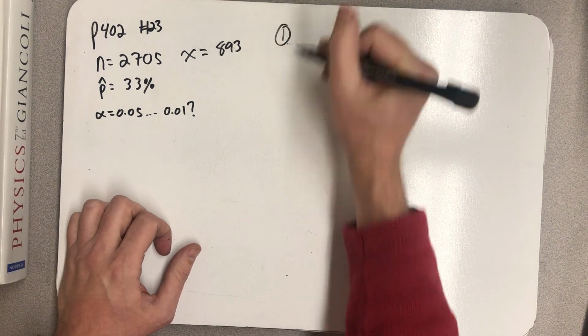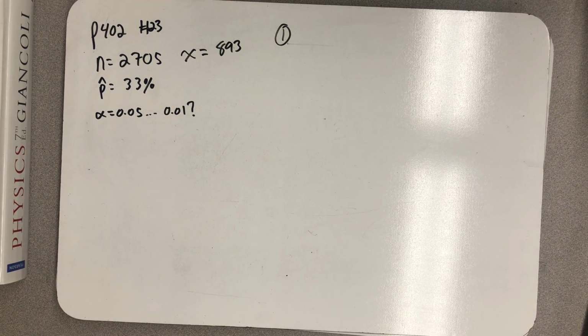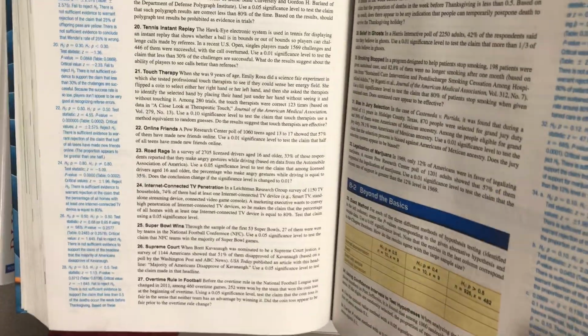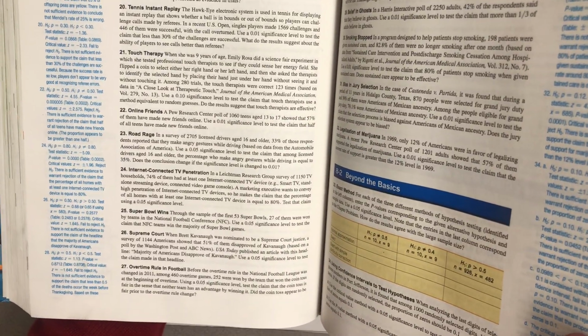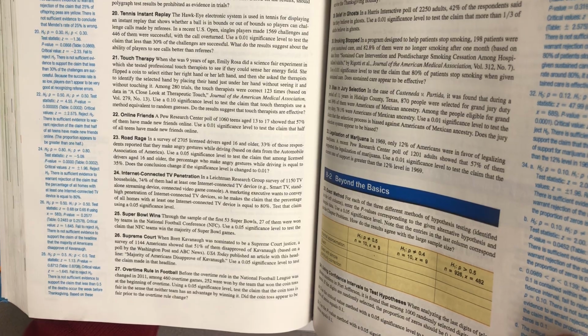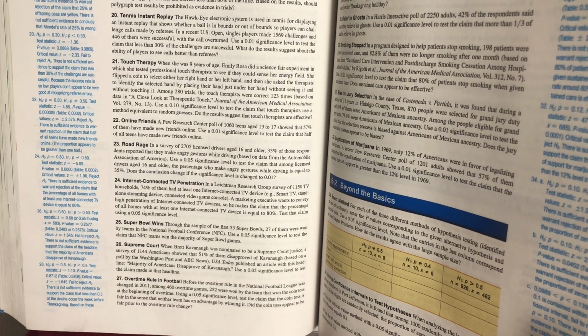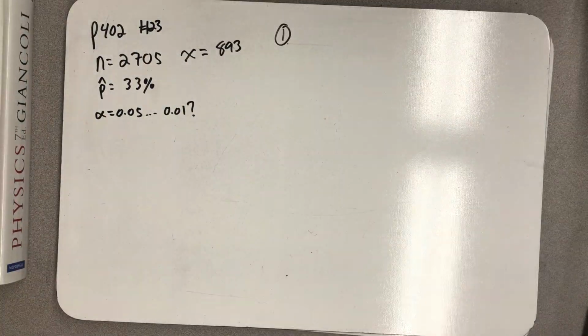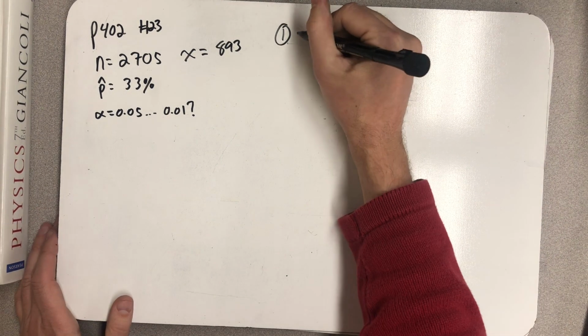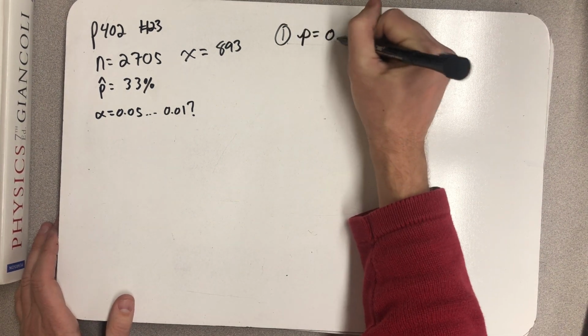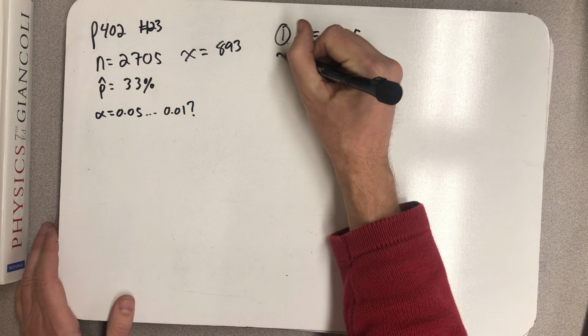Well, we need to write down the original claim in symbols. And the claim here in 23 is the percentage who make angry gestures while driving is equal to 35%. So we can think of that as a proportion that's equal to 0.35. Well, what's true and that's false?